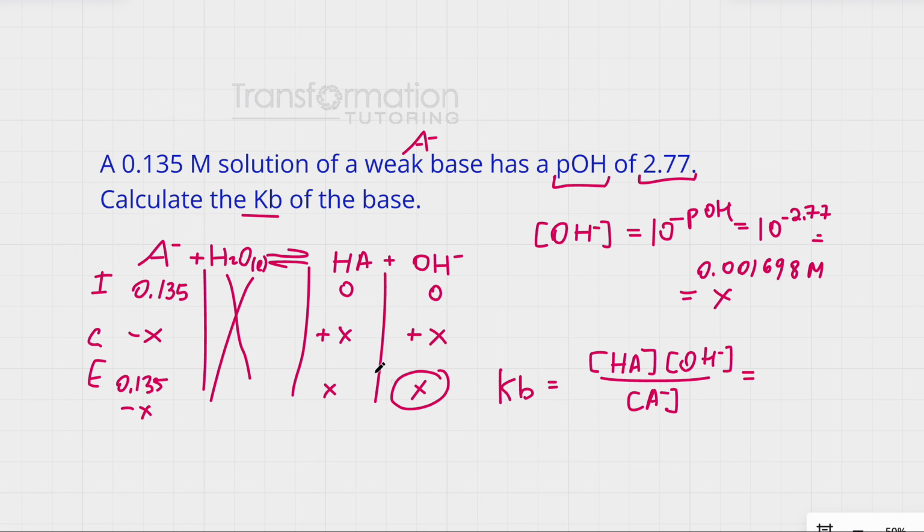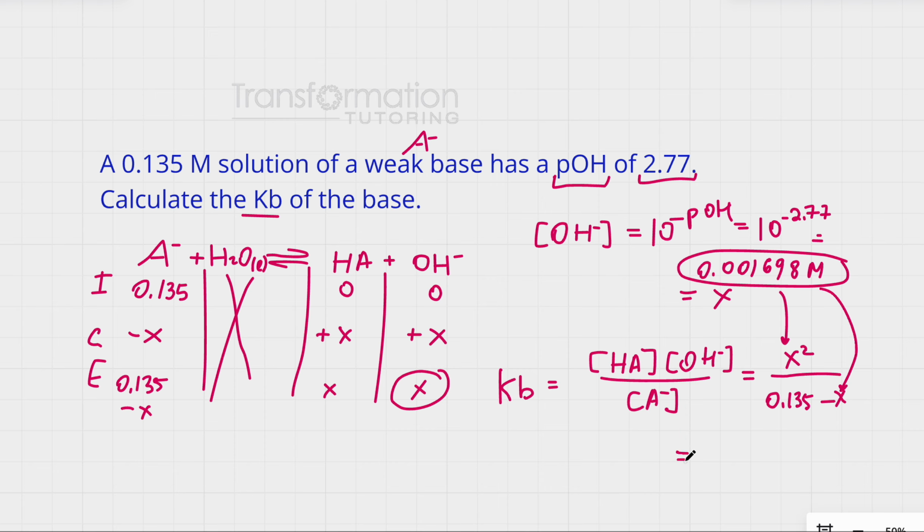In terms of x, this is going to be x squared over 0.135 minus x. And we know what our x is. It's this number. So all we have to do now is plug this number in for x, and that's how we will get our Kb.